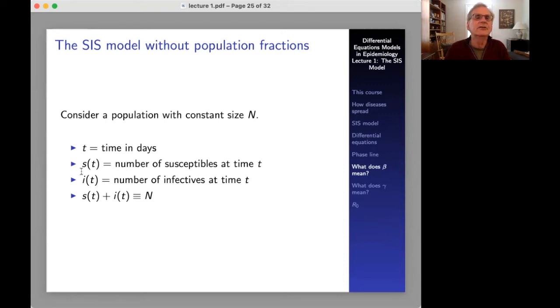We're going to use little s of t for the number of susceptibles at time t. So it's just a number of people. It's not a population fraction. We use little i of t for the number of infectives at time t. And little s plus little i will always add up to n, the population size, instead of 1 when there were population fractions.